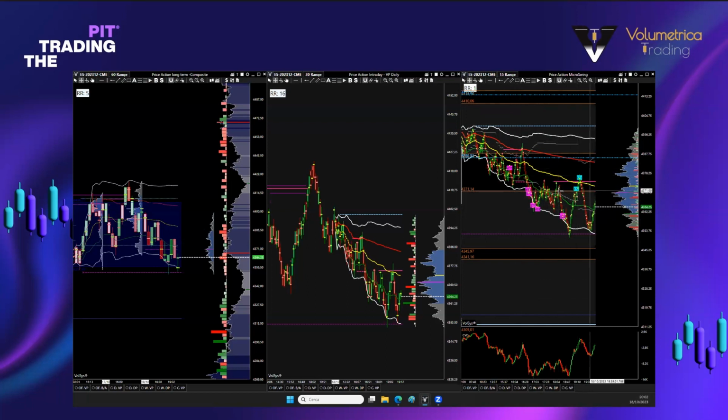So far, we are going rotational around this area of 4,370 and 60, which is accompanied, of course, by what? By a nice distribution phase expressed by a bell distribution curve from the volume profile.